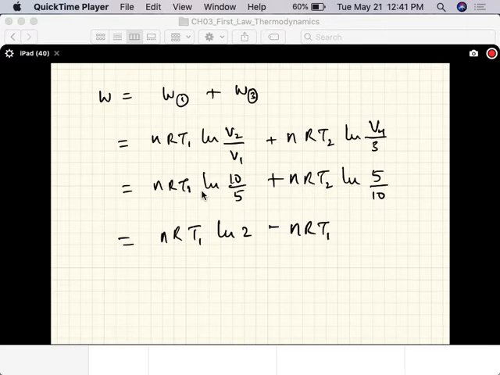Minus nRT2 log 10 over 5. Everybody understand that? That's the rule we use. So this is nR log 2 times T1 minus T2.